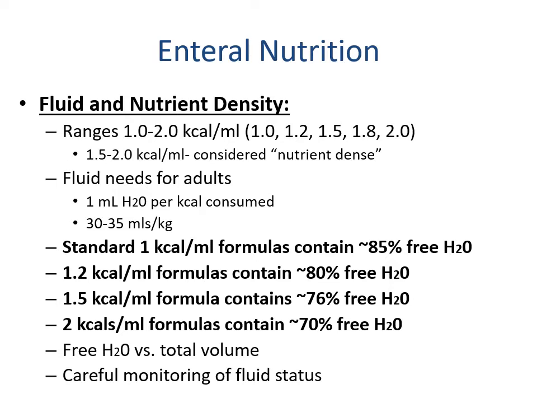Now to give you an example of how to approximate this, your standard 1 calorie per milliliter formula is approximately 85% free water. 1.2 is approximately 80%, 1.5, 76%, and 2 cal, approximately 70%.